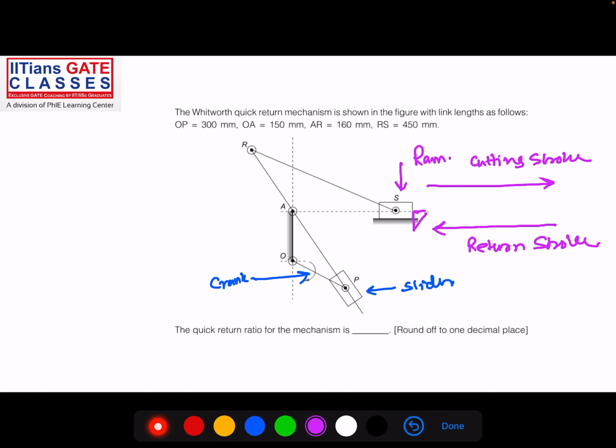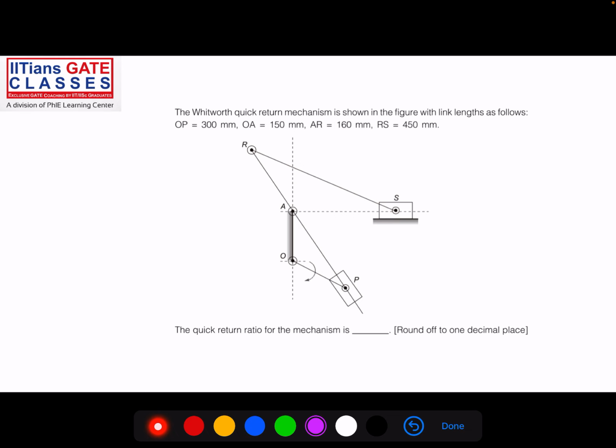Okay, so let us try to see what the maximum stroke length is. When the point P is somewhere here, let me say this is the point P1, the slider is somewhere here, and this is the link OP1. In that case, the point R will be somewhere here, let me say this is R1.